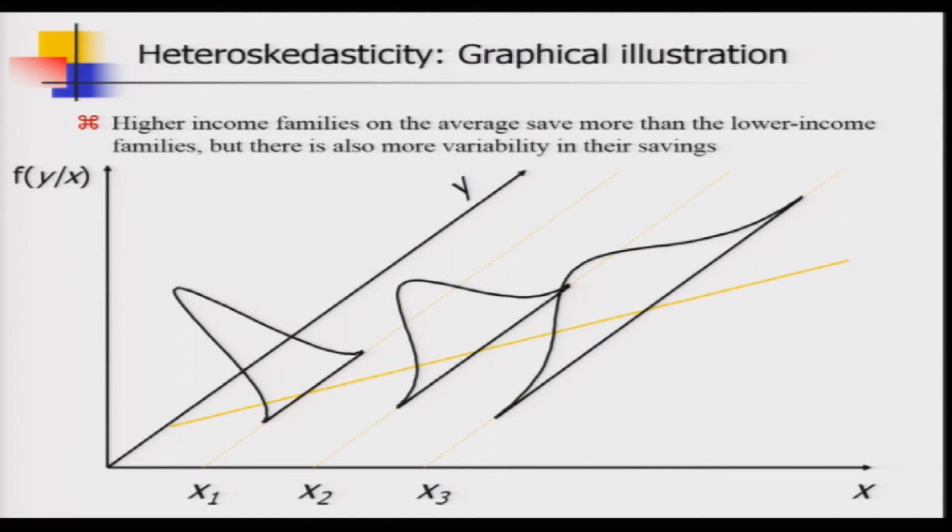The savings numbers reported by the households who belong to the rich class of the society have enough dispersion, and that is why the variance is increasing. So, you see in this diagram that the variance of y or the variance of epsilon is not constant for different values of x, in fact it is increasing.